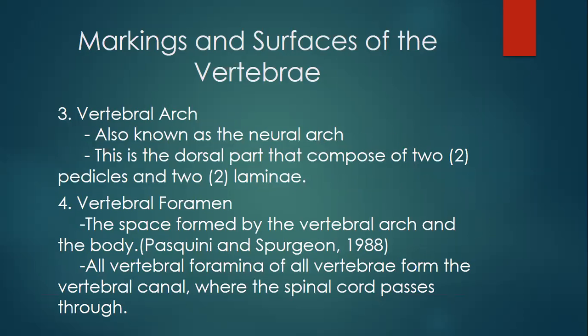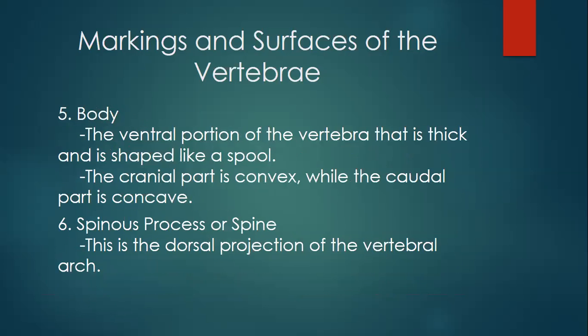Next, we have the vertebral arc, also known as the neural arc. This is the dorsal part composed of 2 laminae and 2 pedicles. Next, we have the vertebral foramen, the space formed by the vertebral arc and the body, and all vertebral foramina of all vertebrae form the vertebral canal where the spinal cord passes through.